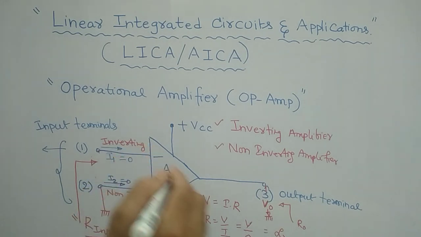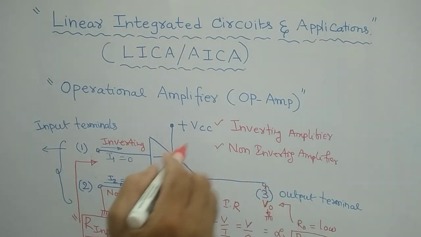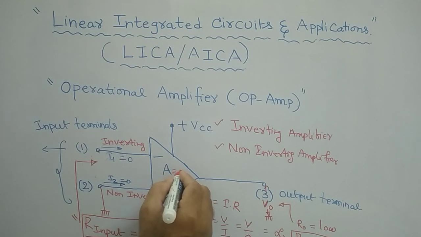Ideally speaking, R naught is 0 ohms. This is the ideal value. Therefore, input impedance is infinite, output impedance is 0, and my gain is infinite.